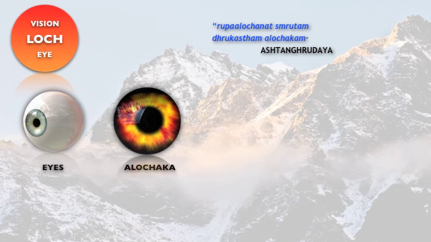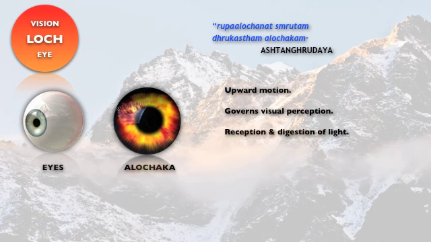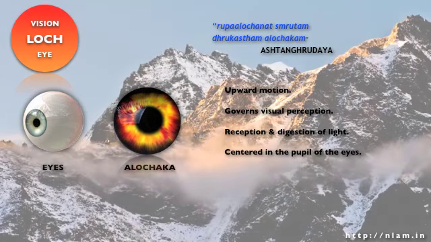Clearness in the eyes reflects a good digestive power and deeper intelligence. Like Udanavayu, it has upward motion. It is responsible for the reception and digestion of light from the external world. Centered in the pupils of the eyes, it allows us to see. When impaired, we suffer from failure of vision or eye diseases.